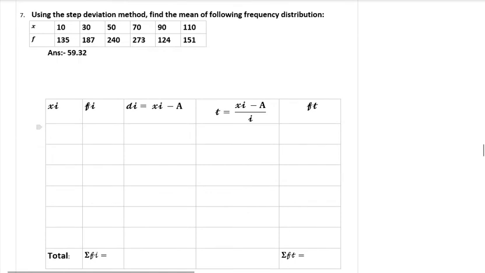Okay, using the step deviation method. So here is our third and final method of finding mean, that is step deviation method. To find the mean of the following frequency distribution, let's write the x's, that is your observations: 10, 30, 50, 70, 90, 110.